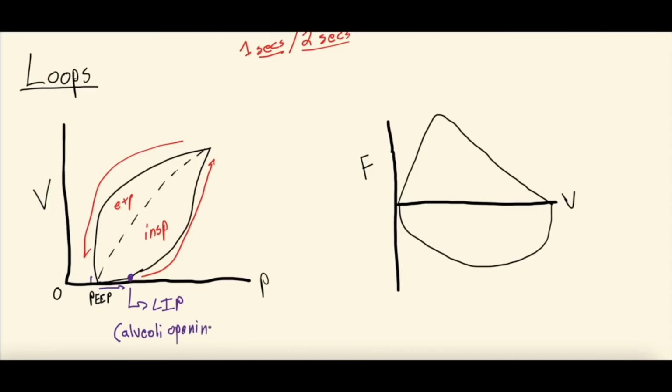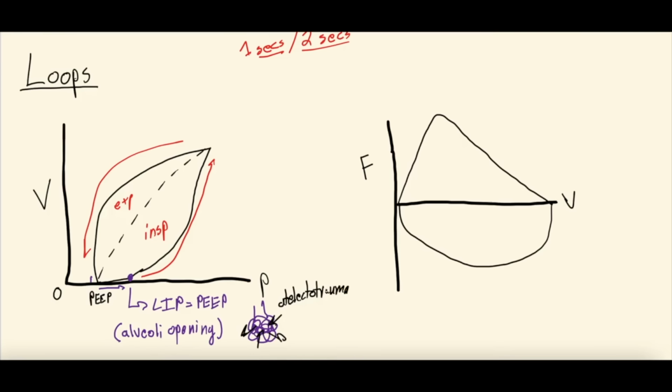And in a perfect world, the lower inflection point would be equivalent to the PEEP you have set, because you don't want these alveoli, right? The alveoli are kind of these grape structures where air exchange happens. You don't want them to collapse and then have to be opened, and then they collapse, and opened, and then they collapse, because that can cause something called atelectatrauma, which is bad for the lungs.